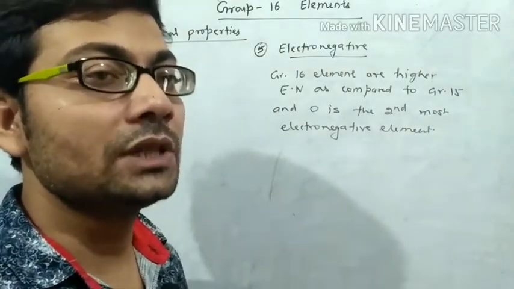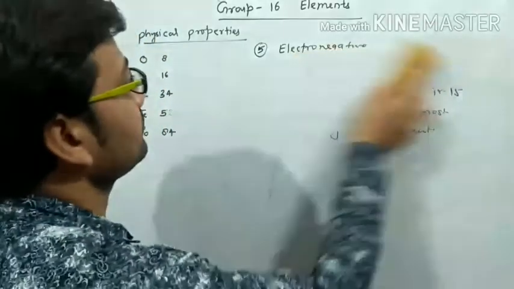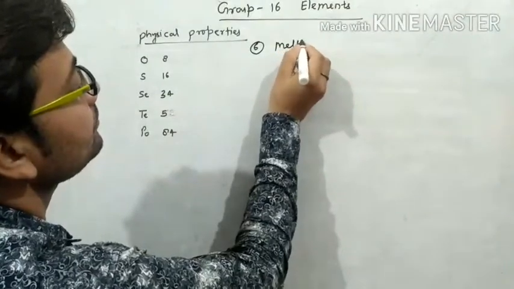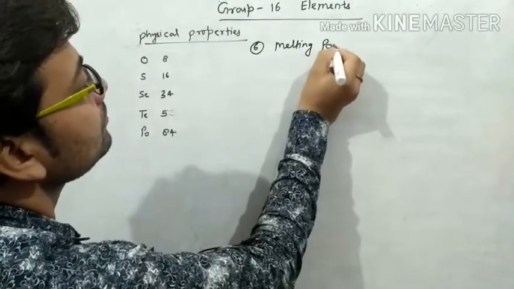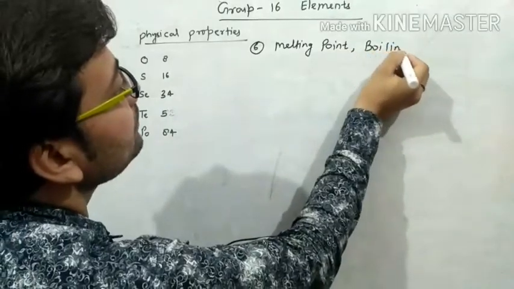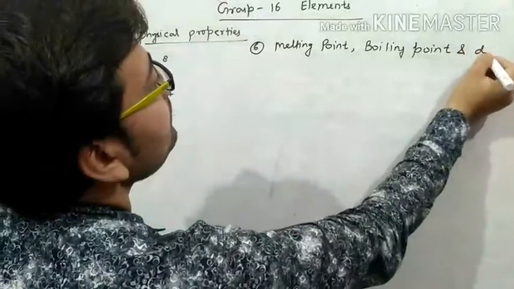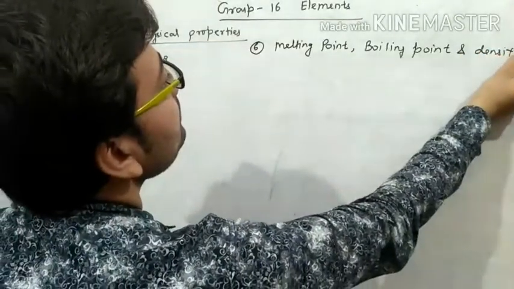Now the next physical properties are melting point, boiling point, and density.